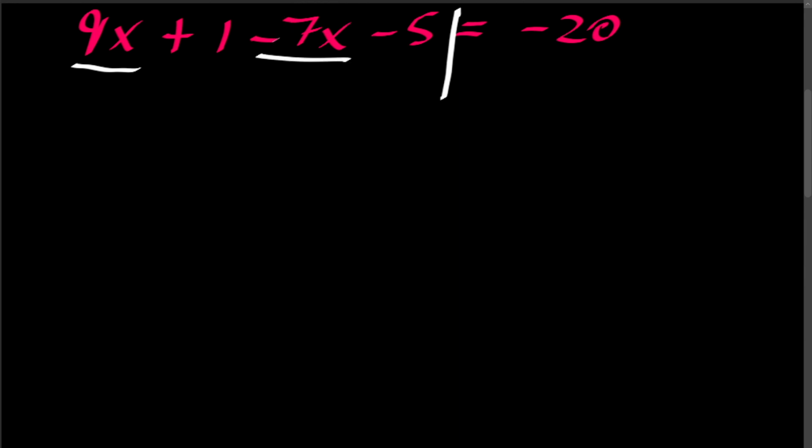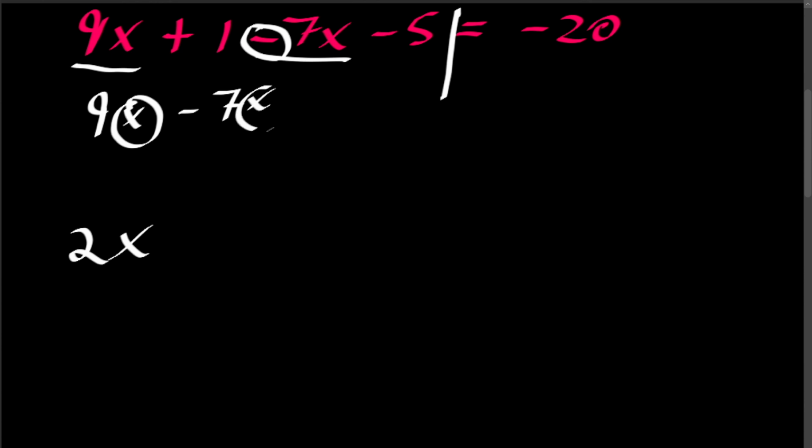Now, be careful here. You want to pay attention to the sign to the left of 7x. Because technically, if we combine these like terms, we would say 9x plus negative 7x, which is also just the same thing as saying 9x minus 7x. If I do 9x minus 7x, it's going to give me 2x. Because when you combine like terms, the variable doesn't change.